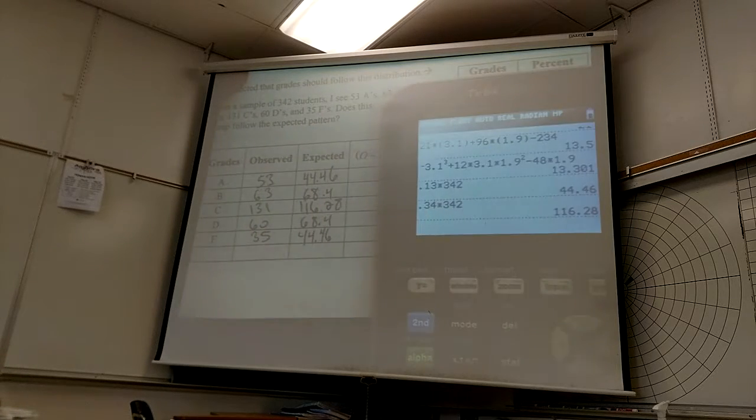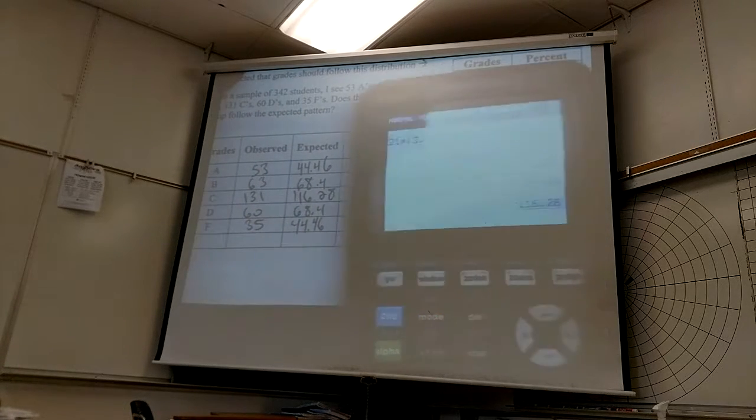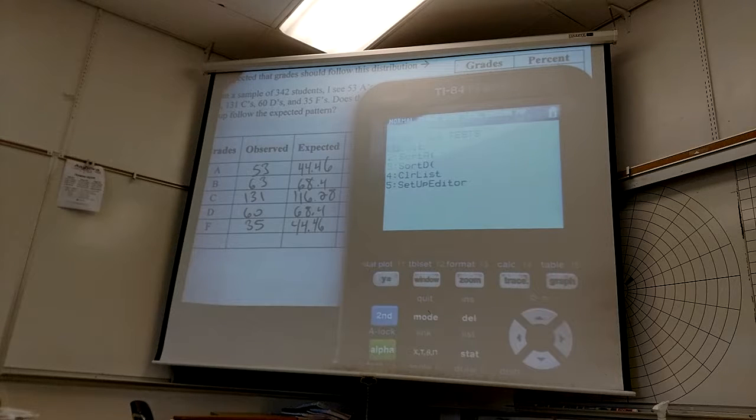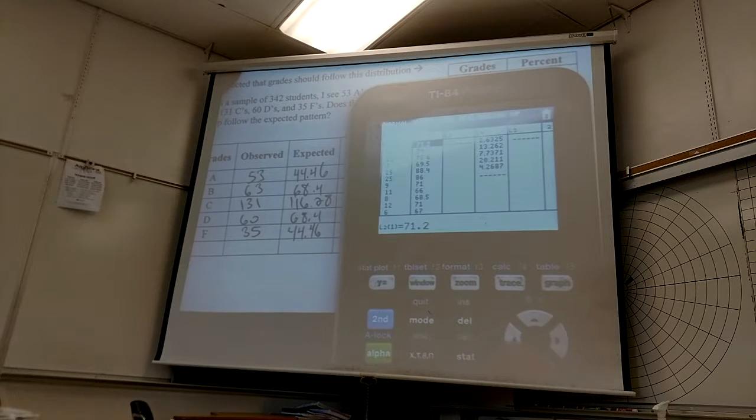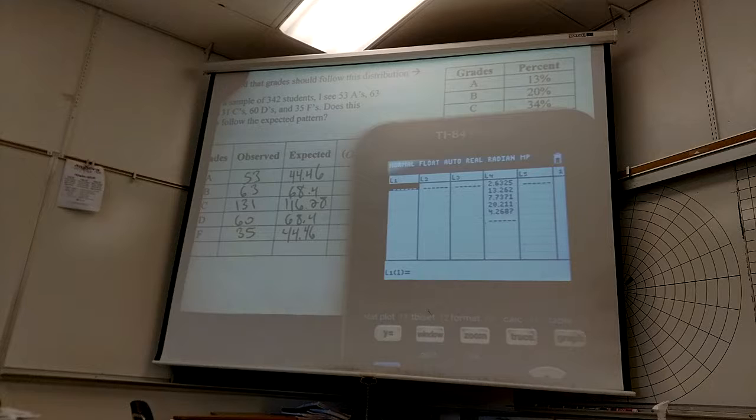So let me just go ahead and show you this, because otherwise I'm going to go crazy. You can use your lists to do a lot of this work for you. This is just subtracting and squaring. So if you put in there 53, 63, and so forth, and 44.46.